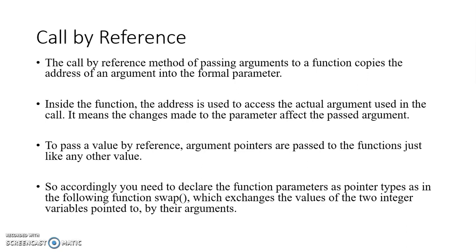They are just looking for the address to access the actual argument. Instead of directly accessing the value, we use the address of that variable, and whatever values are stored at that address, those values we are going to pass to the function.